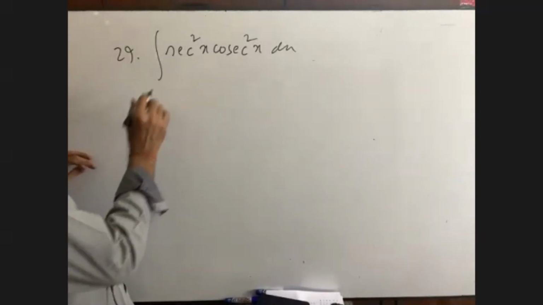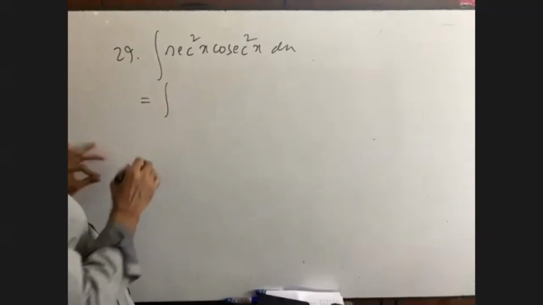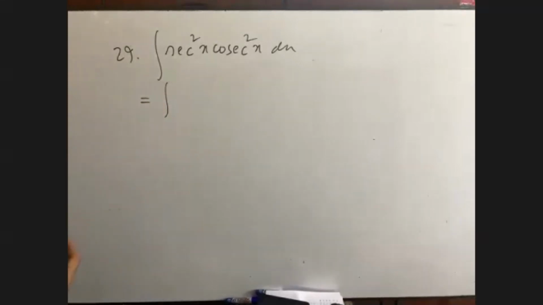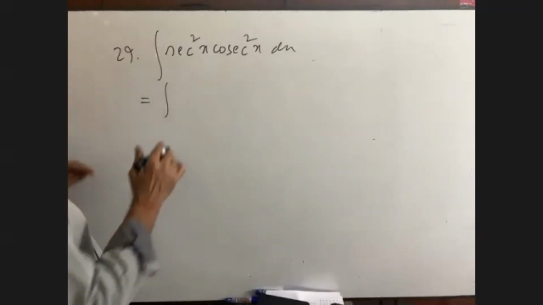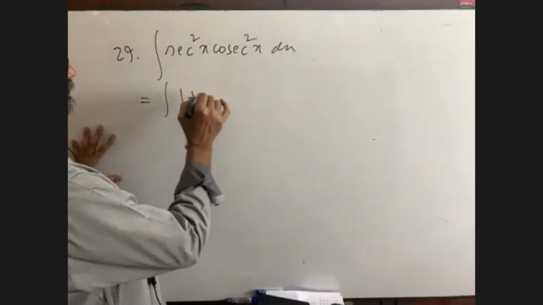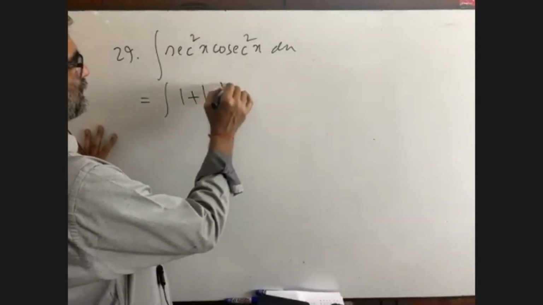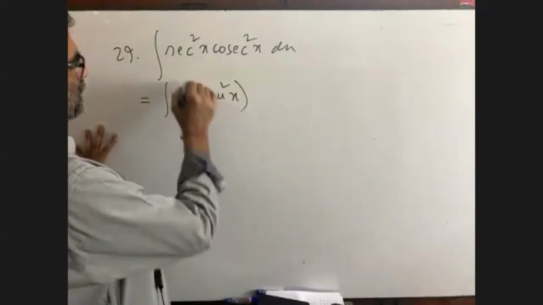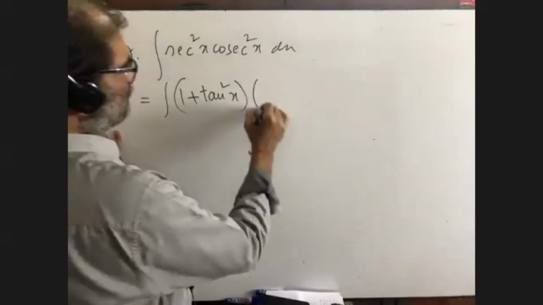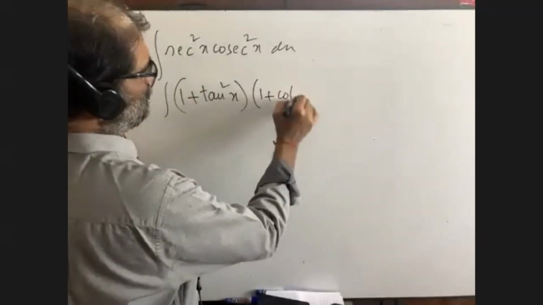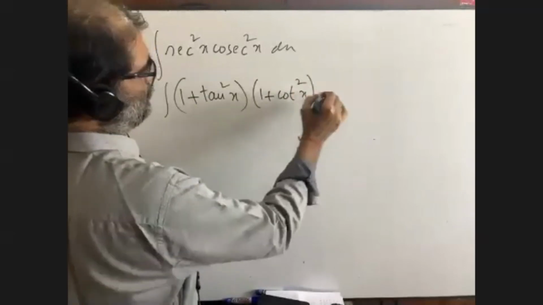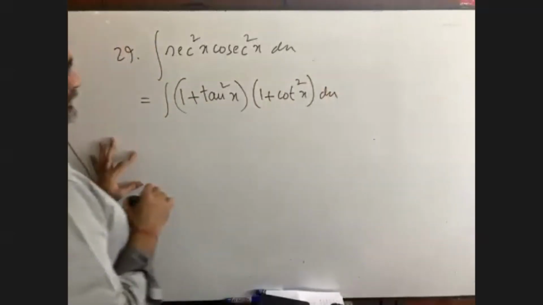Just let me know. What will you do? Can you do it? What is the formula of sec square x? Talk to me. 1 plus tan square x and cosec square x, 1 plus cot square x, right?